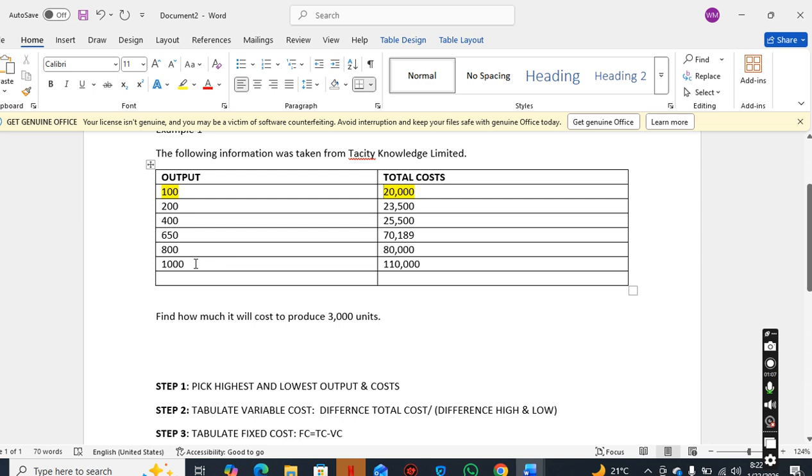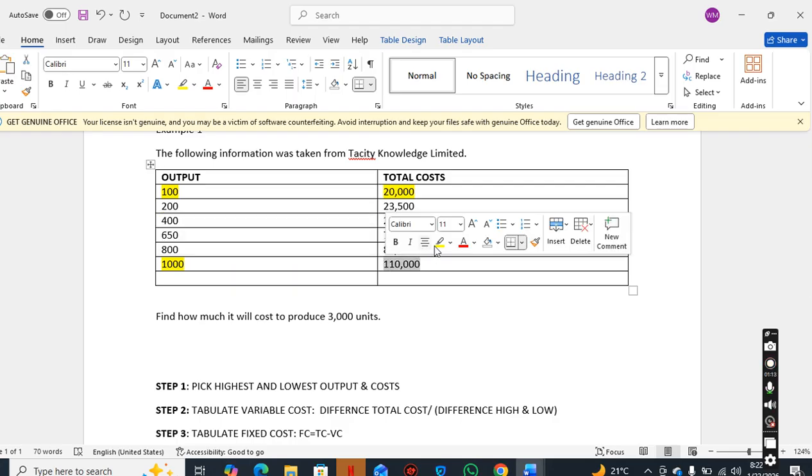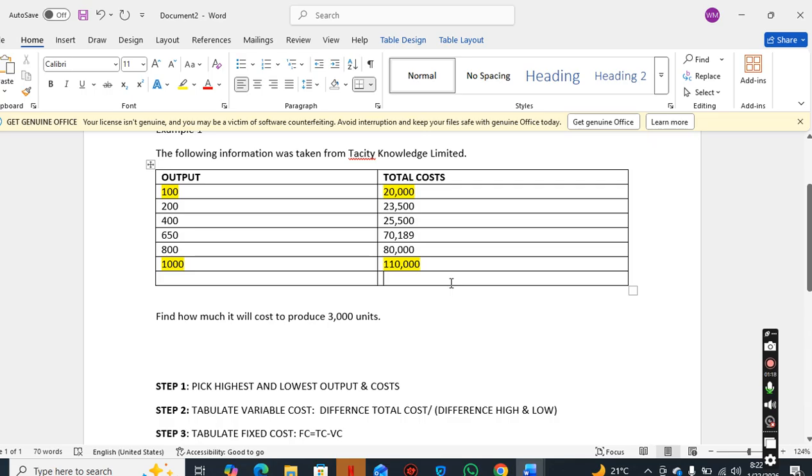Our highest output 1,000 units, and the highest cost 110,000 kwacha. That's the first step. You pick your highest and lowest costs and outputs. We're done with step 1.